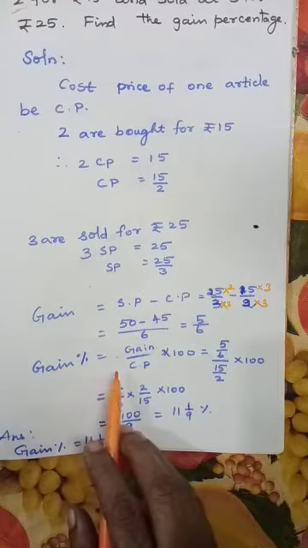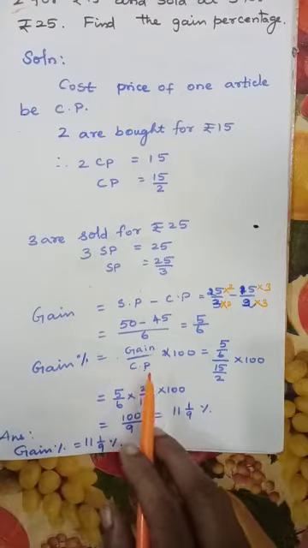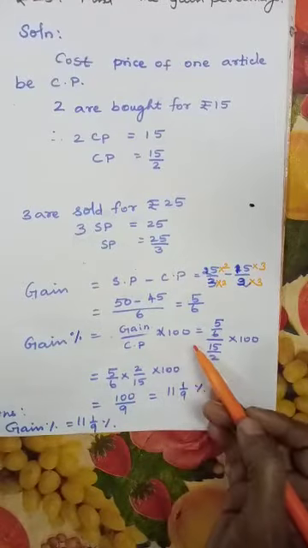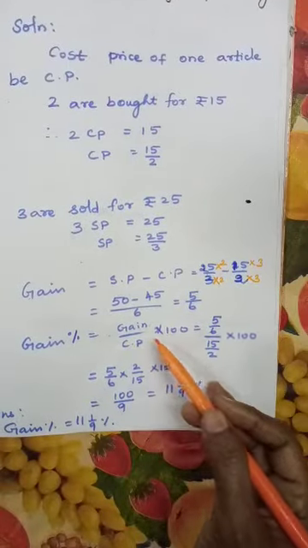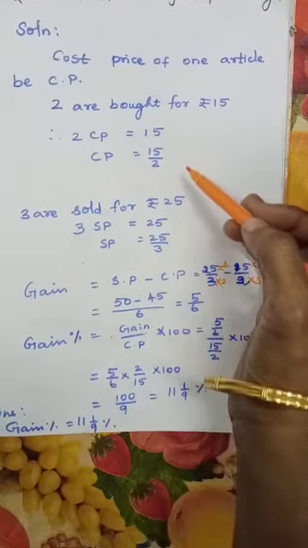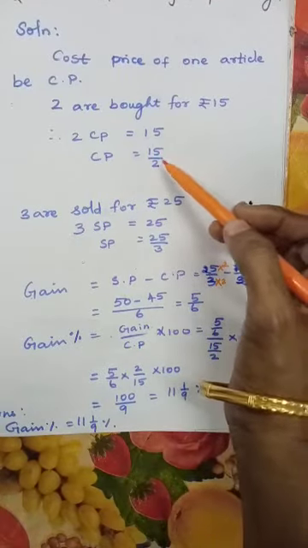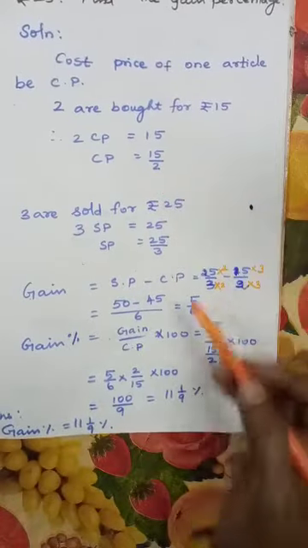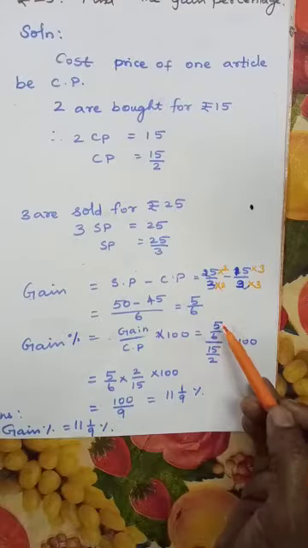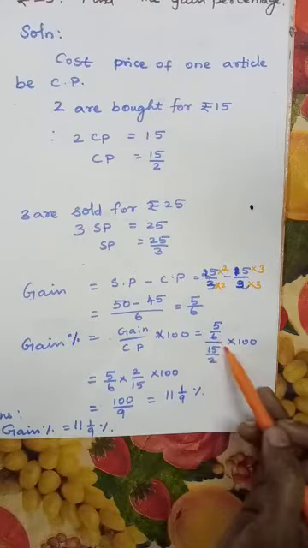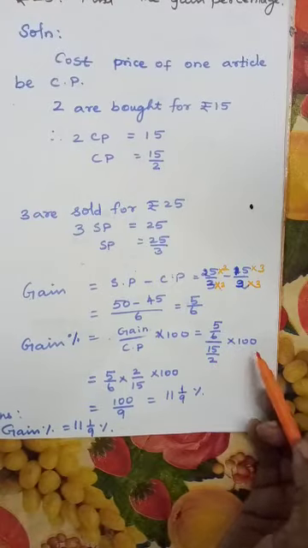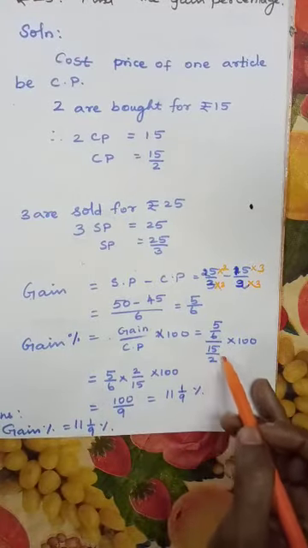Gain percent is equal to gain by CP into 100. So gain is 5 by 6, and CP is equal to 15 by 2. So gain by CP into 100 is equal to 5 by 6 divided by 15 by 2 into 100. Now you take the reciprocal of 15 by 2.